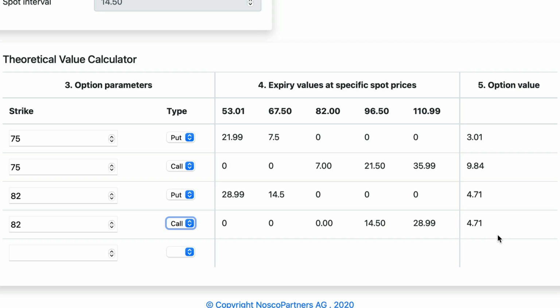At-the-money forward options have the same value, whether it's a call or a put. Why? Because these options are both pure volatility value. And remember, I told you there's a law that the volatility value of a call equals the volatility value of the put. So we can now use these models to actually answer some questions you have.